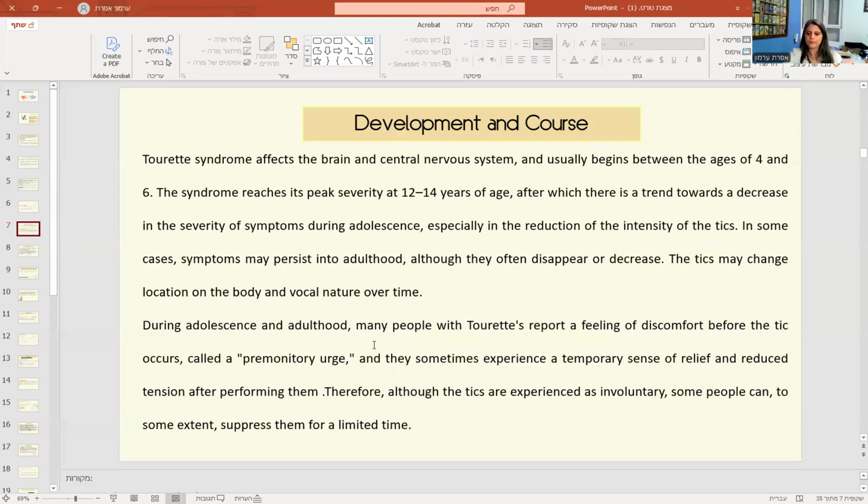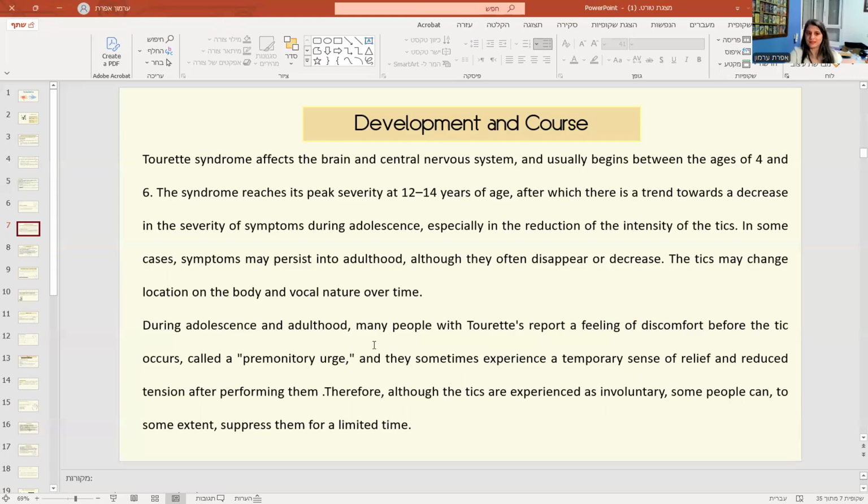The syndrome reaches peak severity at 12 to 14 years of age, after which there is a trend towards a decrease in severity of symptoms during adulthood, especially in the intensity of the tics.